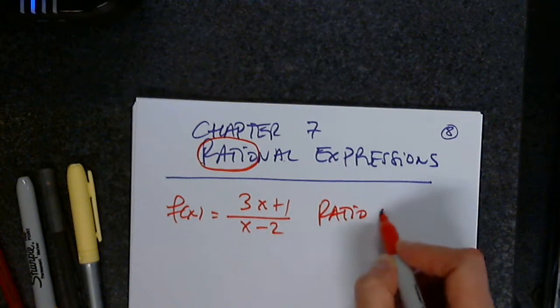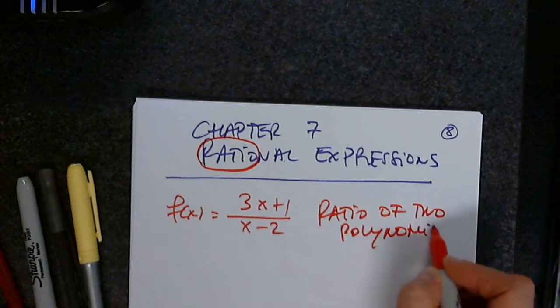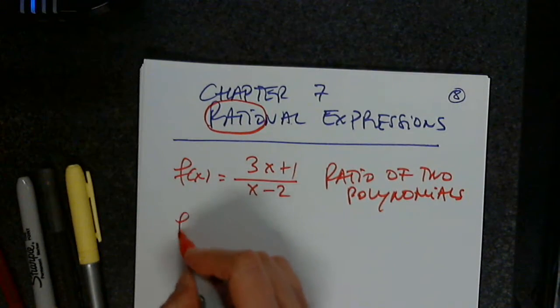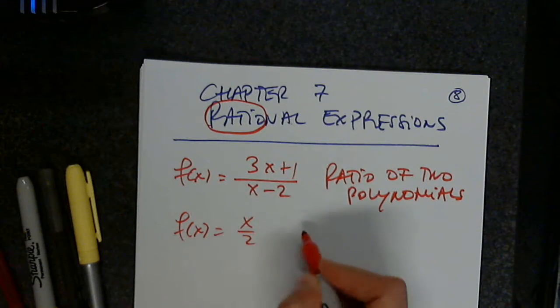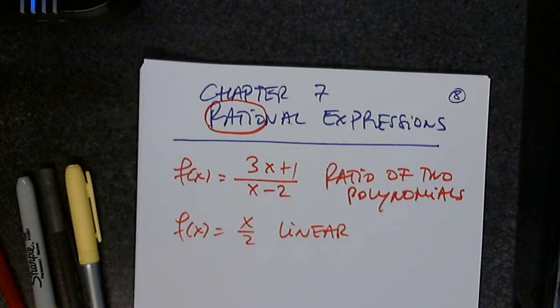If there is no x in the denominator, that is not considered a rational function. So for example, f of x equals x over 2 is a linear function. It doesn't have x in the denominator.